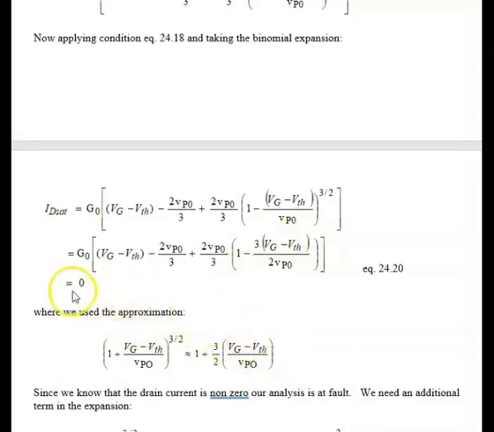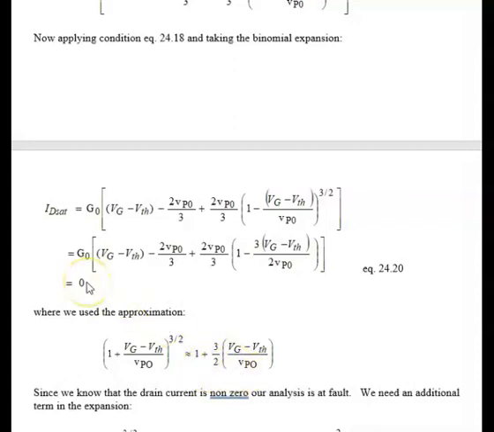And what do we get? Yikes! We get no current. That is obviously not good. So what is the solution to this conundrum? Well, we didn't use enough terms. Whenever we take a binomial expansion, it's a good idea to use more than the first two. You can't use just the first term, it's just one. That's pretty straightforward. We have to have at least 2 terms.